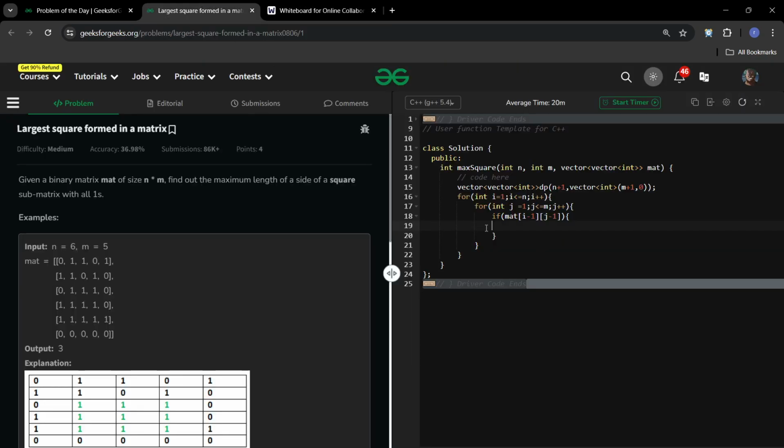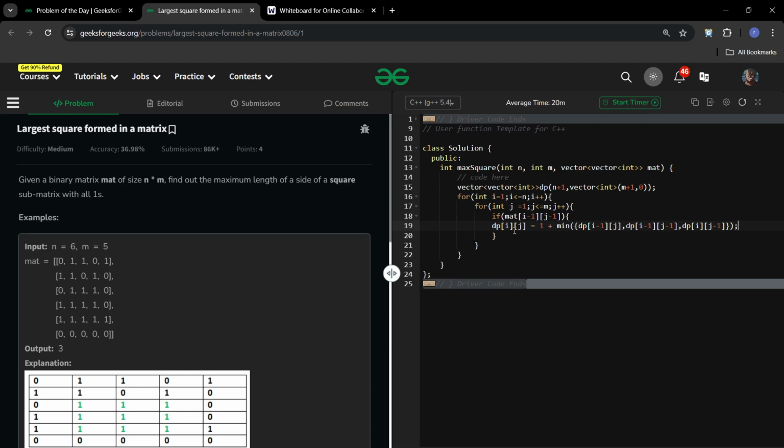But if it is 0, no value, right? So dp of i j equals 1 plus the minimum of dp of i minus 1 j, i minus 1 j minus 1, and i j minus 1, right?